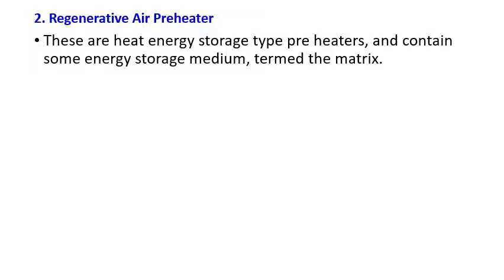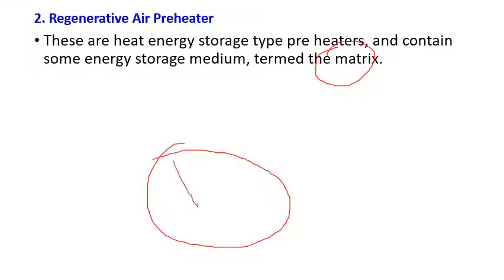And let us see the regenerative type of air heater. These are heat energy storage type. It means I have a matrix here, right? Matrix is nothing but a net. If the air preheater has 3 segments like this one, I have a net-like structure.